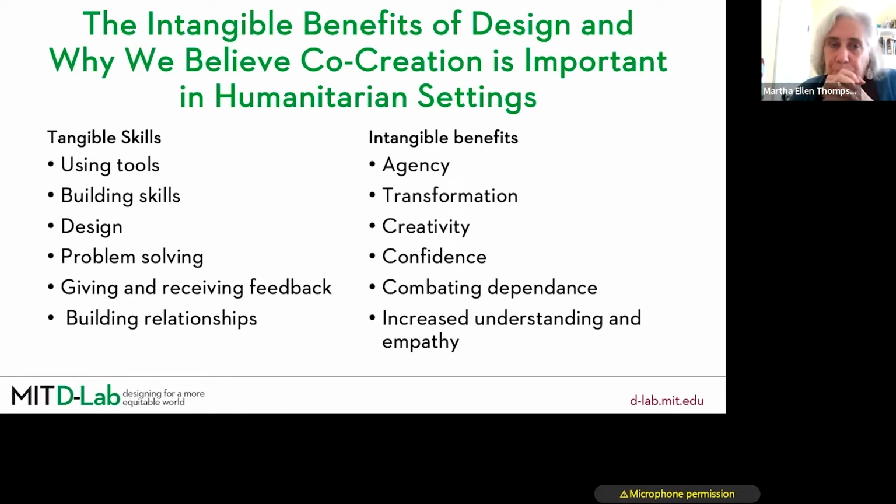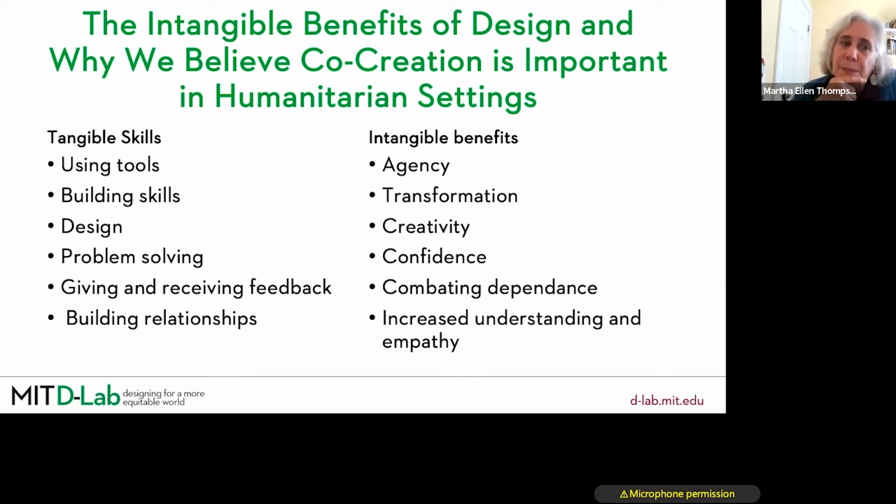Bringing refugees, displaced people, NGOs, and international participants together in a co-design process, we feel, provides people with tangible skills, because much of our work is around building technologies, using tools and building skills. People learn the design process, and the design process is really a problem-solving process. You identify a problem and you follow the steps to develop a solution.